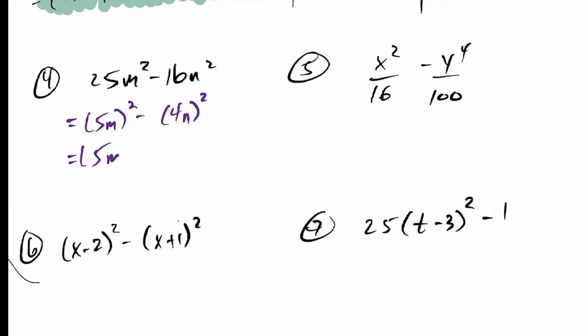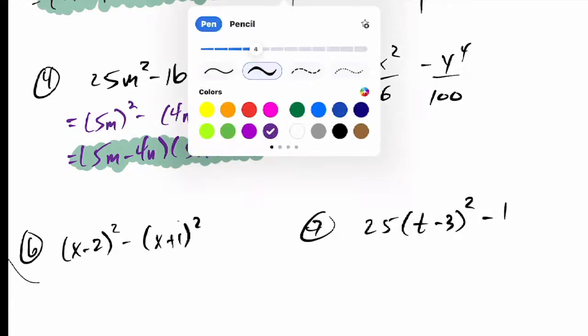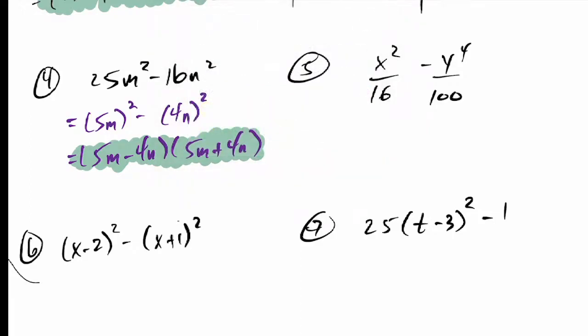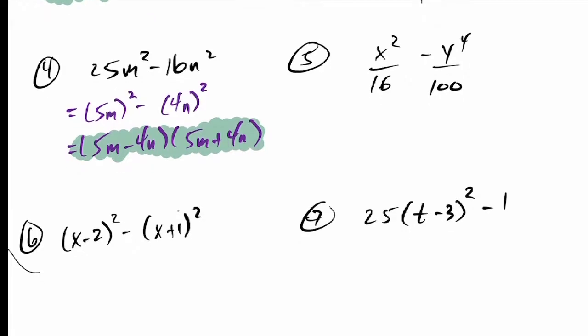So this is 5m minus 4n times 5m plus 4n. And that's the answer for this one. So far, so good. There's 4.